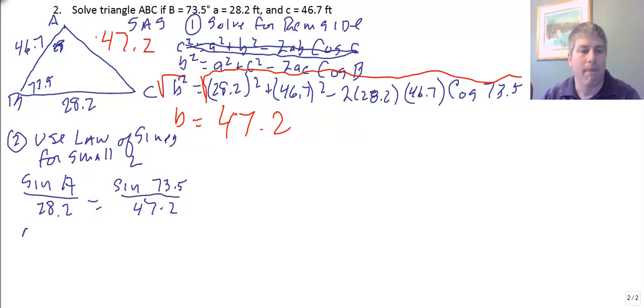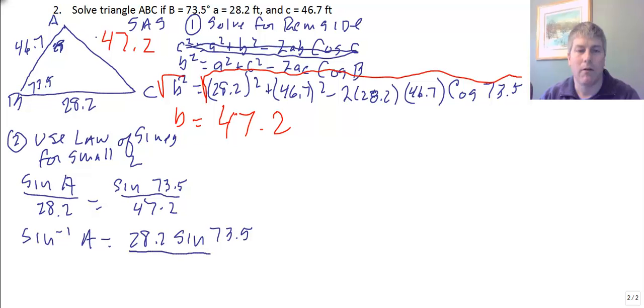So A equals sine inverse of 28.2 sine of 73.5 all over 47.2. I input that into my calculator and I get angle A equals 34.9.